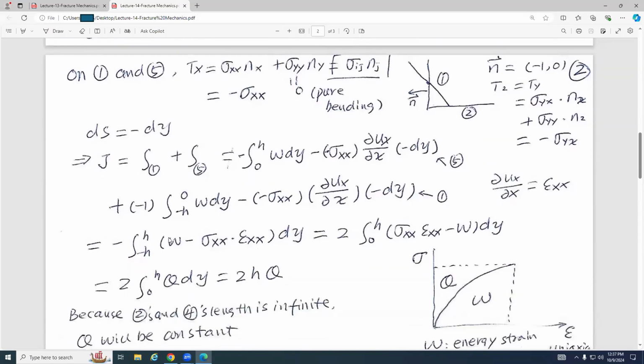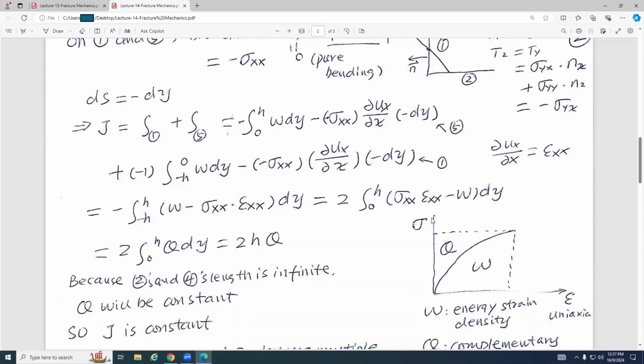You can put them together, and you have omega, sigma xx, exx, and then you put it here. This omega is the strain energy density. Here I draw this one: this is epsilon, this is sigma. Suppose this is the curve.